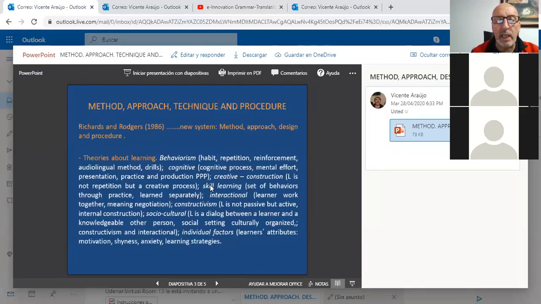How about speaking? Do you think it is productive or receptive? I think it's both. Because if you don't receive any kind of stimulus, you don't know how to do it.